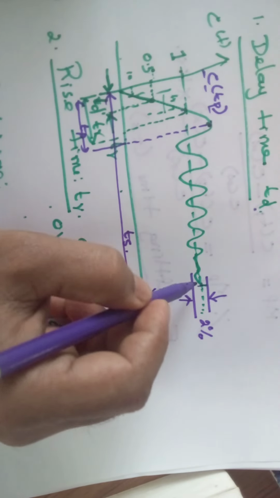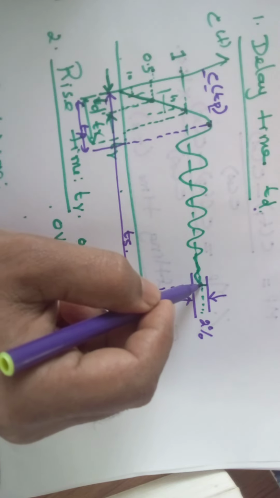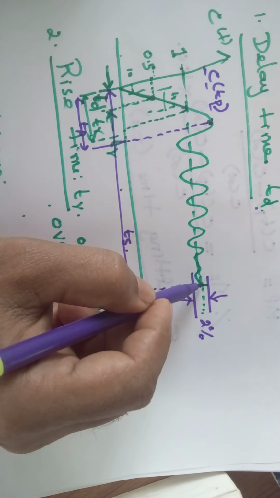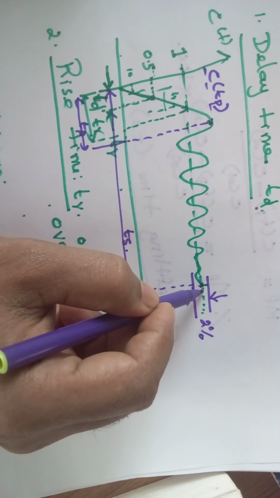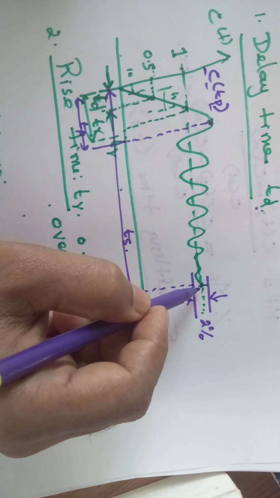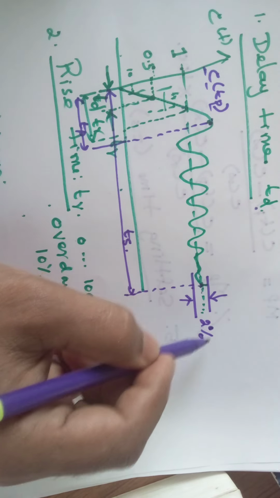Exactly, the response will not reach its steady state value of 1. Instead it will be oscillating, small oscillations will be there, and that oscillation error you specify is known as the percentage of error.